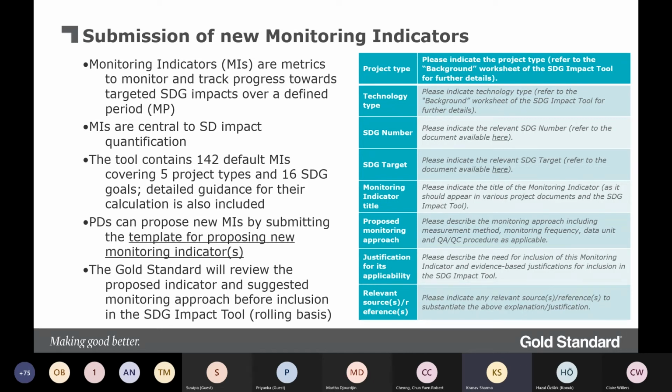So they would need to include the technology type related to that monitoring indicator, the SDG number, which they can take from the various documents available online, the SDG target, the monitoring indicator title, and the proposed monitoring approach, which includes information like measurement method, monitoring frequency, data units, and QA/QC procedures.